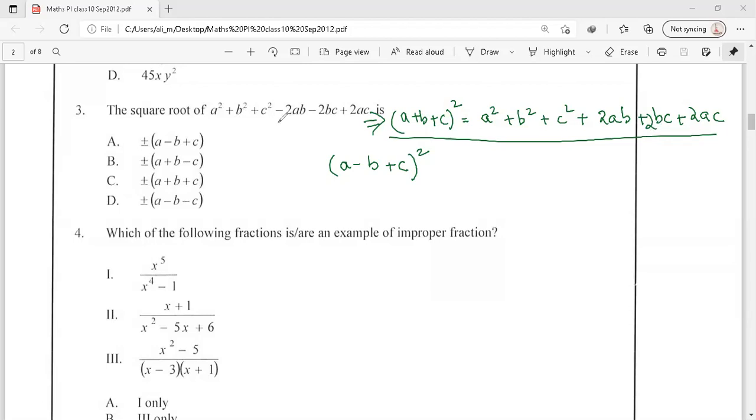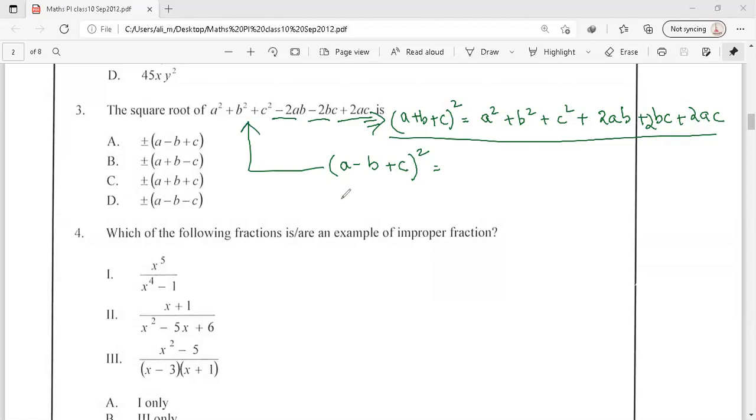So in this sum we have two terms that are negative and this is positive. It means that a and c both are positive, while the term in which we have b is negative. So the formula for this will be a minus b plus c whole square.